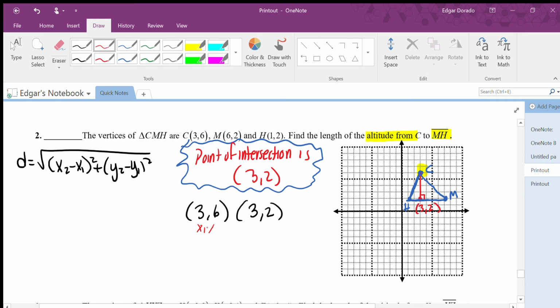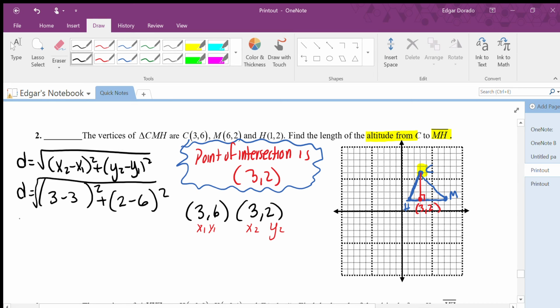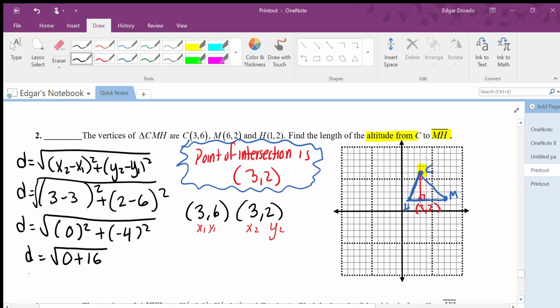I'll call this my x1, y1, my x2, y2. Okay, let's do it. So x2 minus x1 would be 3 minus 3. And y2 minus y1 would be 2 minus 6. This would be 0 squared plus negative 4 squared. This would just be 0 plus 16.